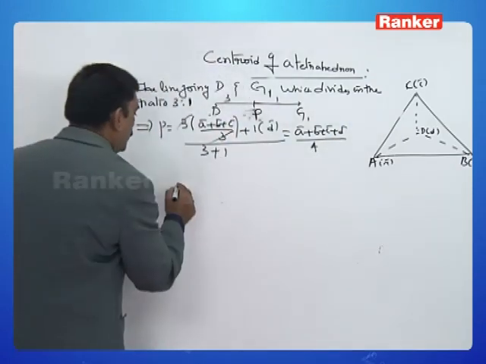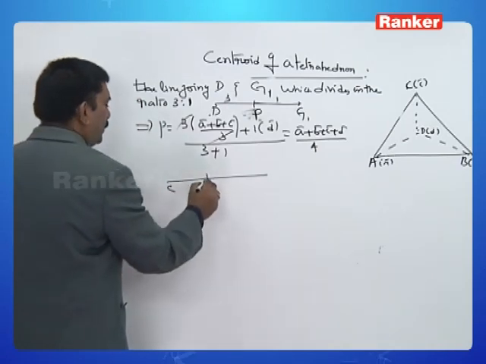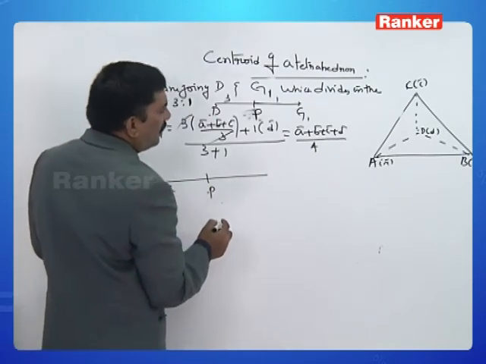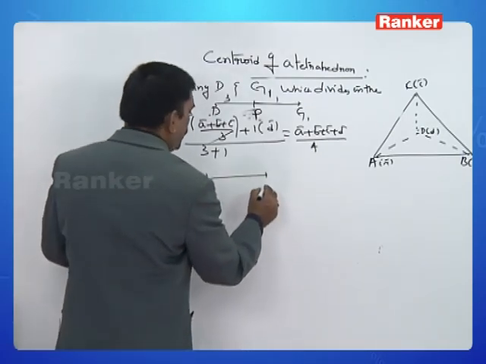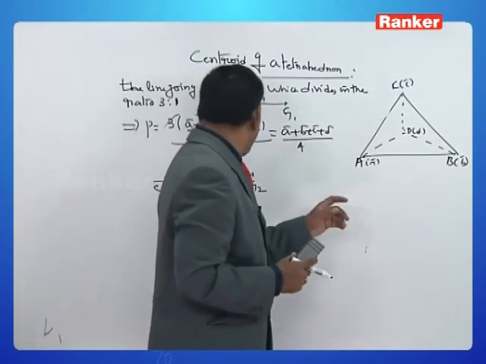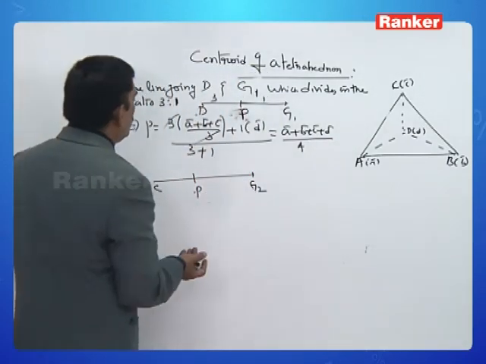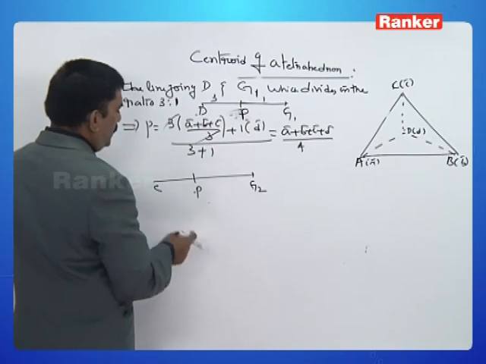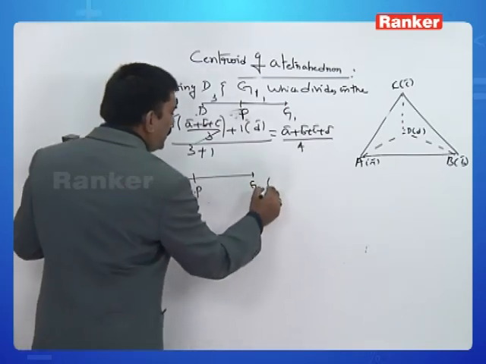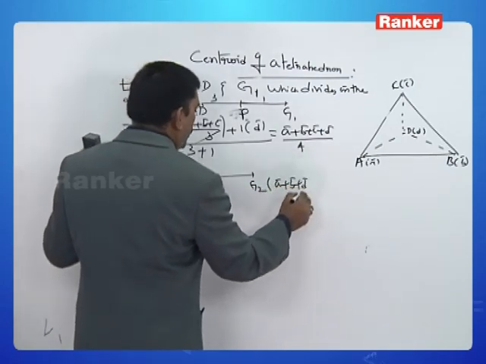Now take C, which has the opposite vertex, and take G2. G2 is the centroid of the triangle other than C, that is ABD. This is nothing but (A bar plus B bar plus D bar) by 3.